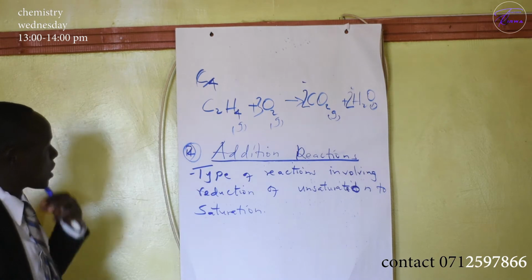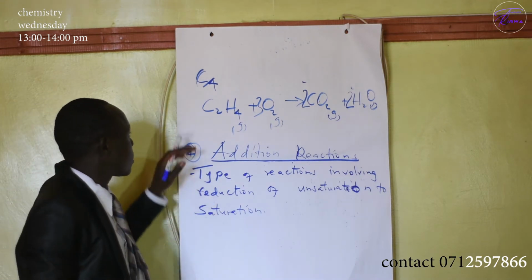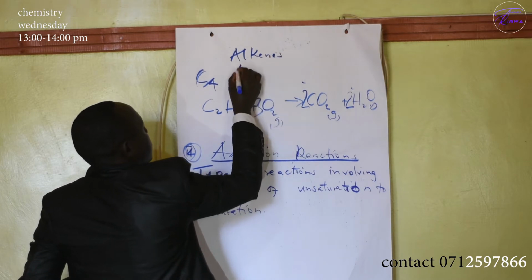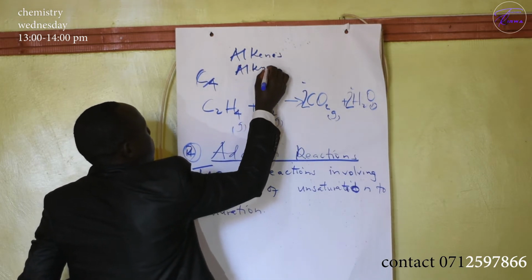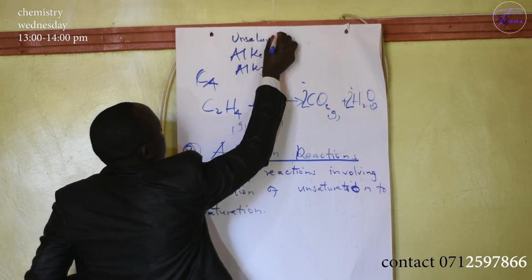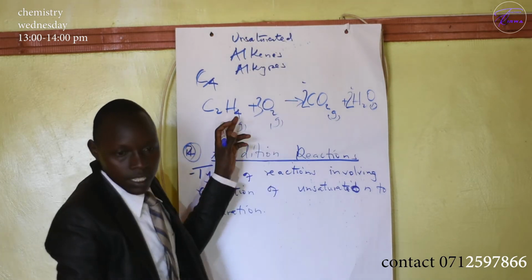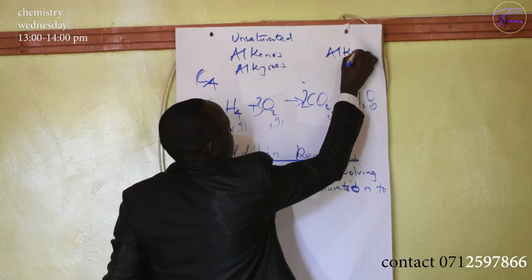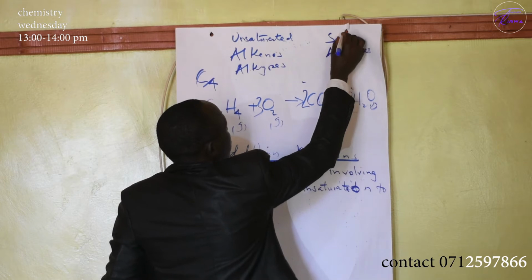For we have said already that alkenes and alkynes are unsaturated hydrocarbons, and then alkanes are saturated.